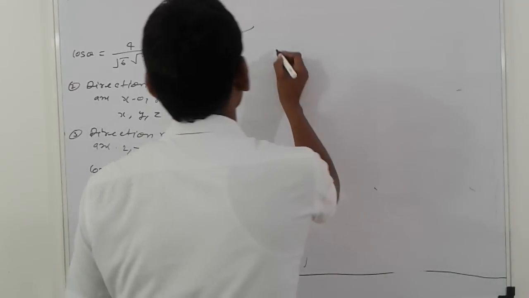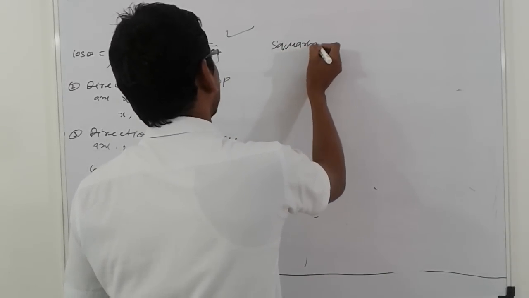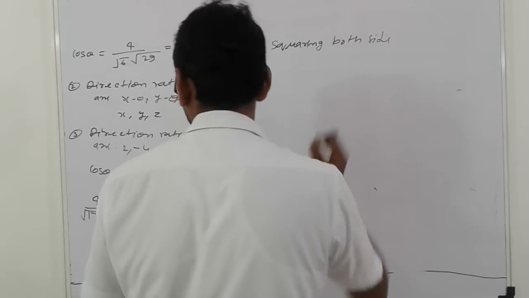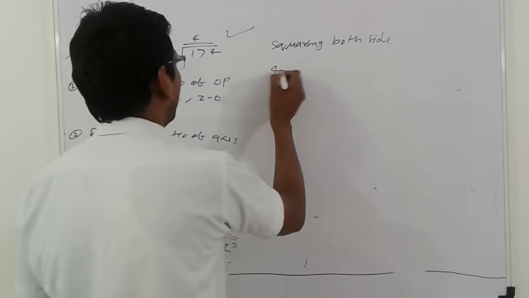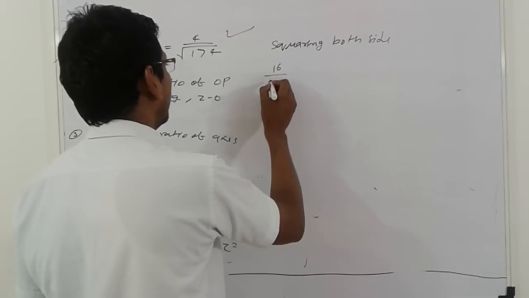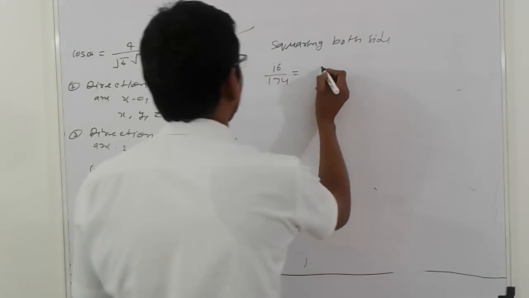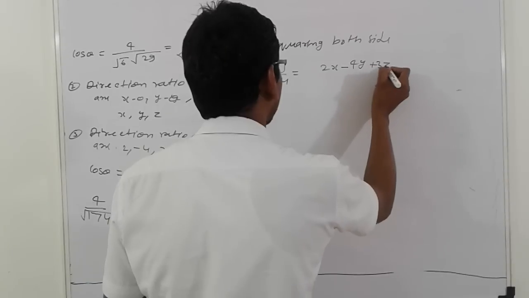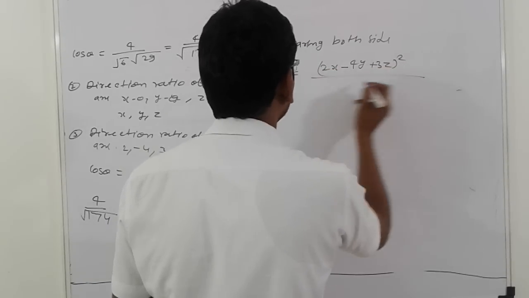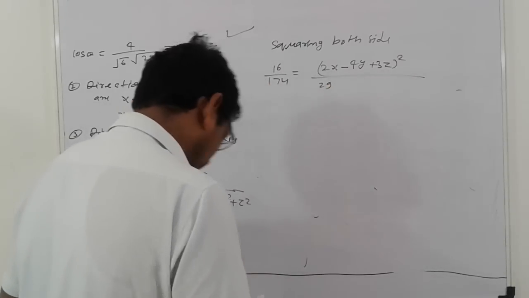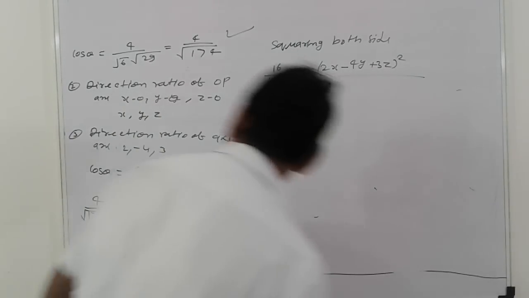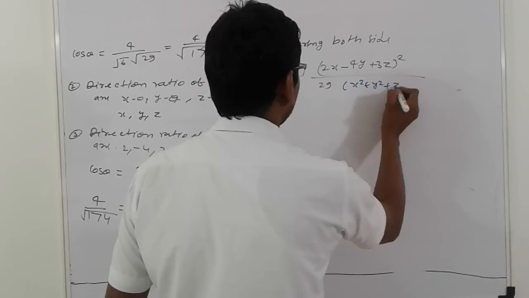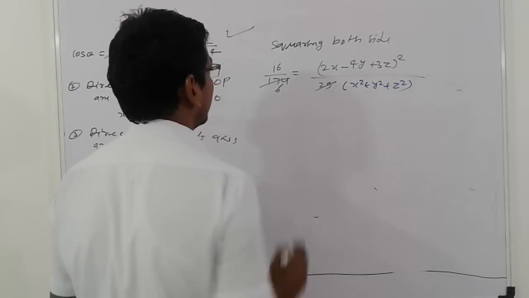So 16 upon 174 equal to 2x minus 4y plus 3z whole square, here 29, and here x square plus y square plus z square, that is cancelled, it is 6.